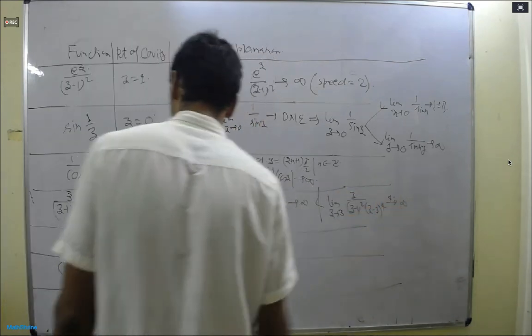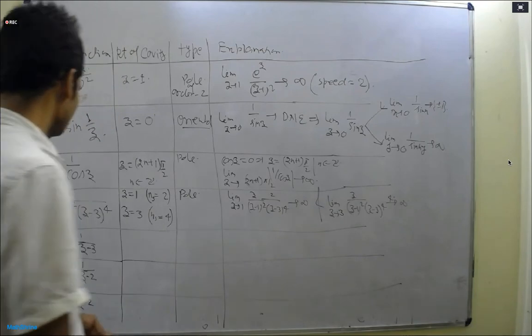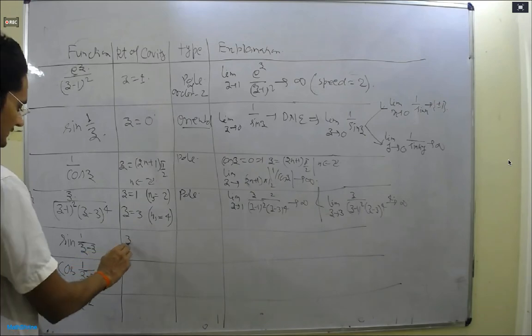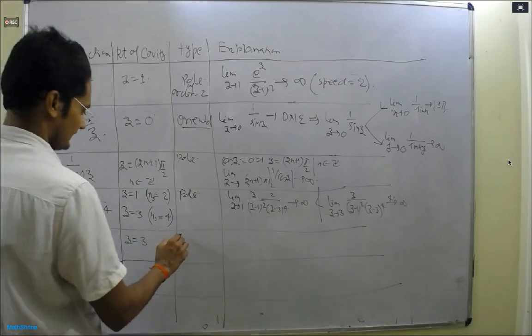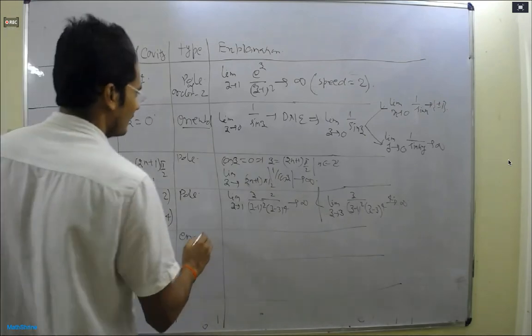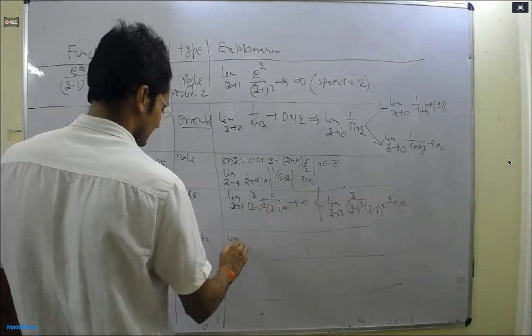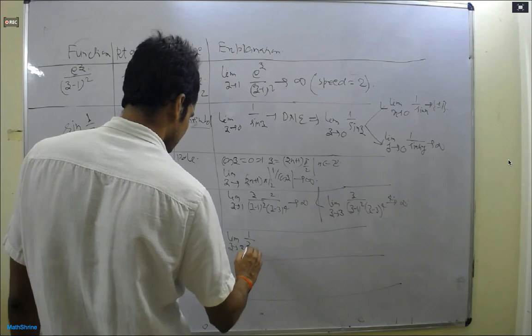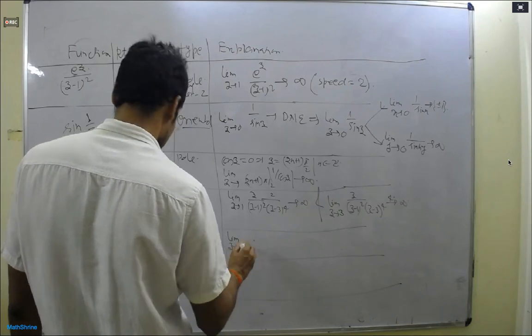If you see this one, z is equal to 3 is essential. Why? The limit z tending to 3 of 1 upon sin z minus 3.